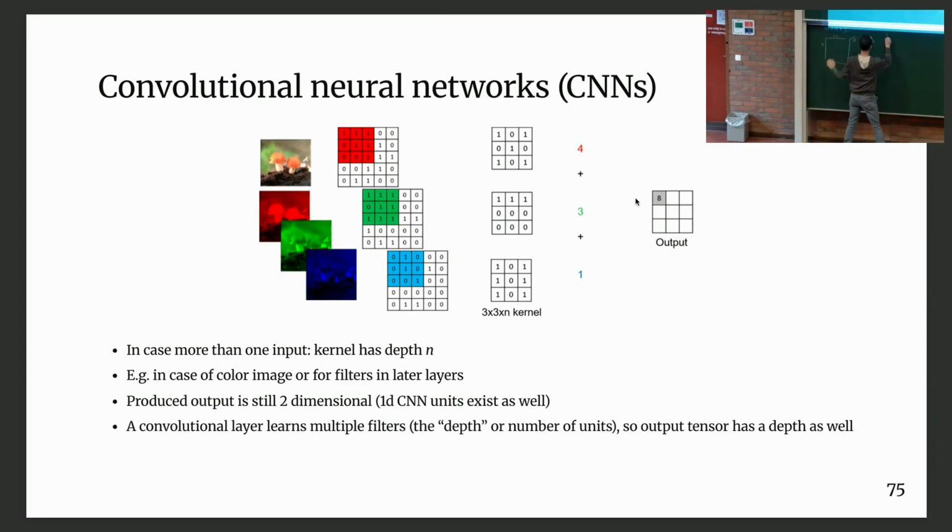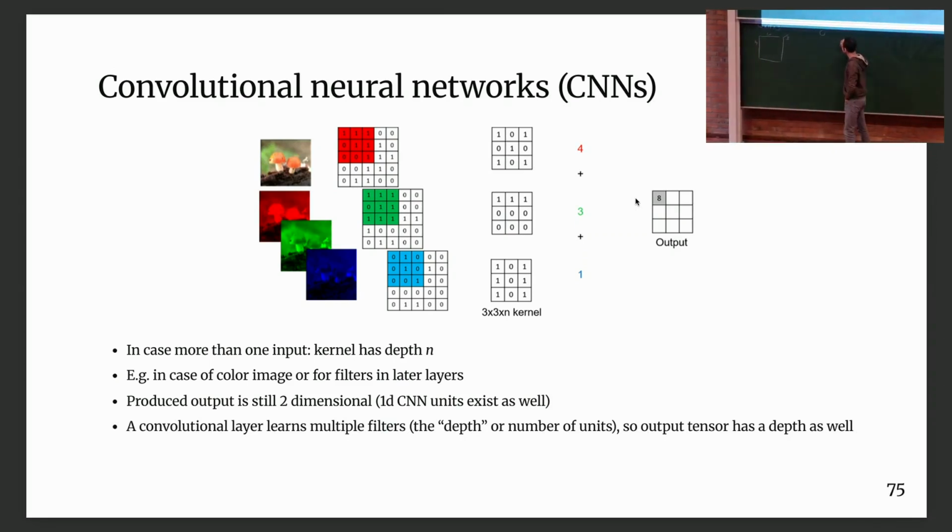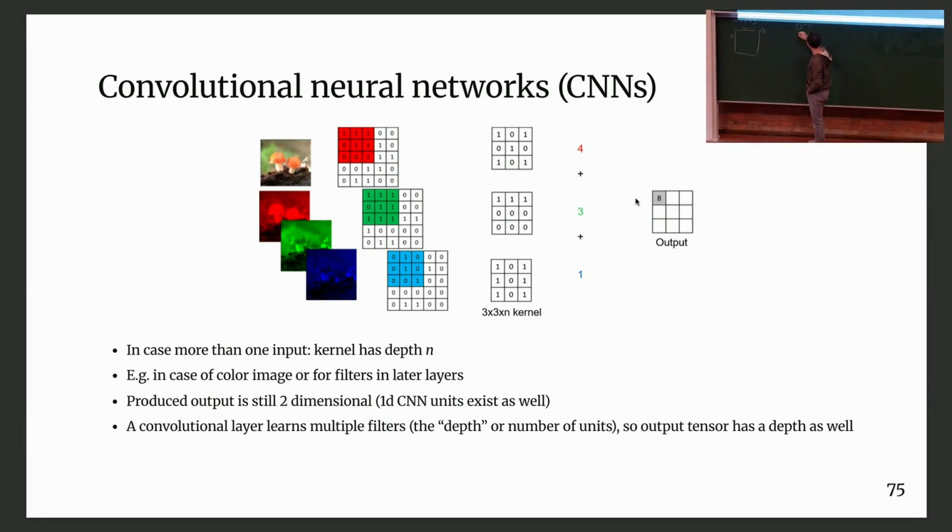Now I know that I can connect a unit to here, and this unit will have a weight dimensionality which is equal to a user-specified width and height, right? Which is not the same as the image.